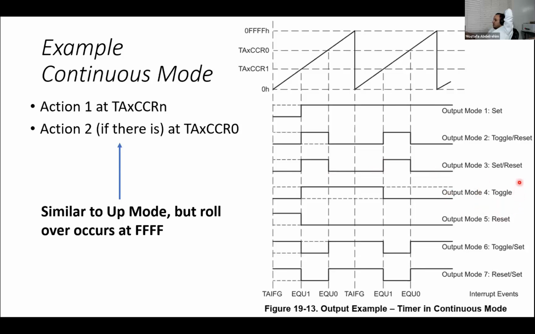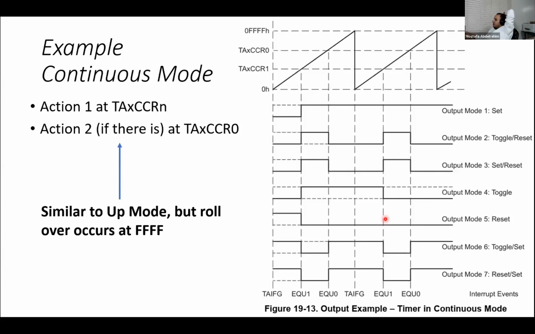Toggle, there is no second action, so it's only one action, so we will care about only CCR1. Whenever we exceed here, we toggle from 0 to 1, then we exceed again here, so we toggle again from 1 to 0. Reset, still the same, one action, so we only look at CCR1. We reset it here, then at that time here, we will not do anything because it's already 0.